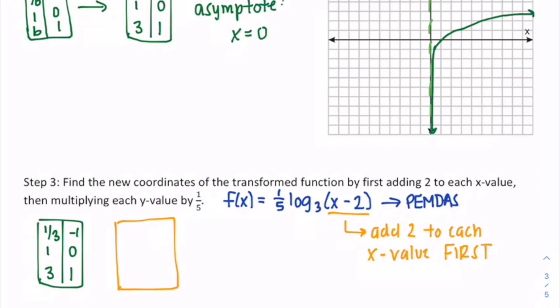So now I'm just going to create a chart with 2 added to each of those x values. When we add 2 to our x values, we get 7/3, 3, and 5. And we're going to keep our y values the same for this step.